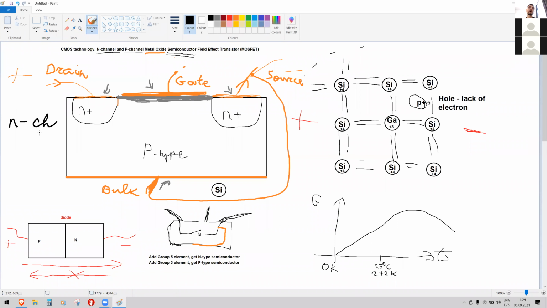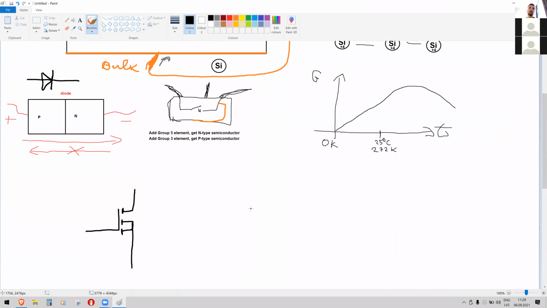And so this is called N channel, and diode is drawn like this from P to N, because it conducts from P to N, it's an arrow, but because it doesn't conduct from N to P, it's a block here. And the same inside the MOSFET. If we have P material and N channel, then the arrow goes this way.